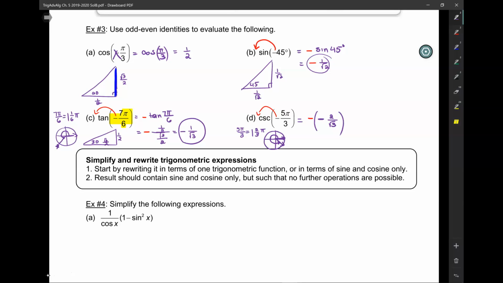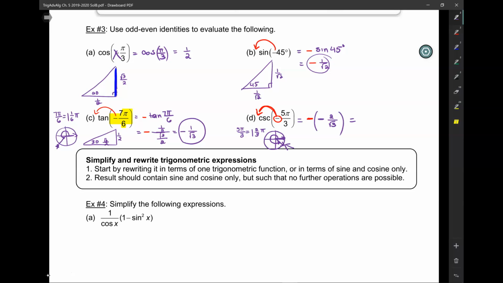Okay, yeah, there was a question here. Why are there two negatives? The red negative came because there was a negative angle here and that came out. The purple negative is because when I did my unit circle here, my angle landed in the fourth quadrant.